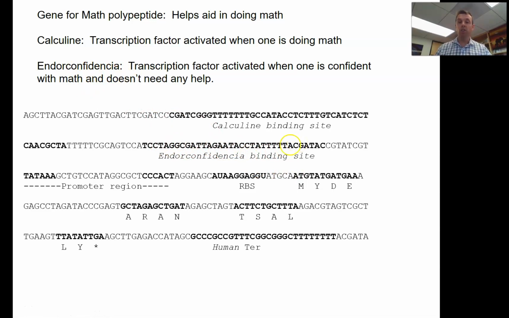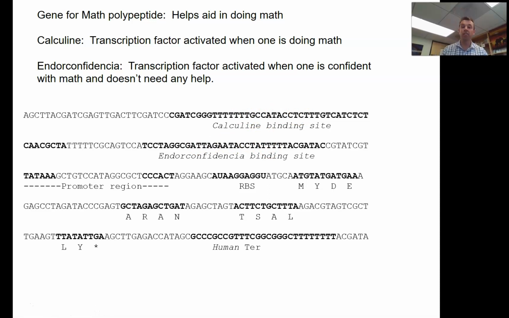So the only time the math protein is being made is when you're doing math, you need the enhancer active, and when you're not already confident, you need the silencer not active. If the enhancer is active and the silencer is active, well, the gene's still off. If the silencer is inactive but the enhancer is also inactive, the gene is off.